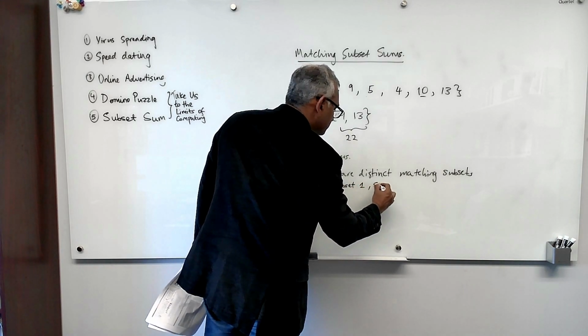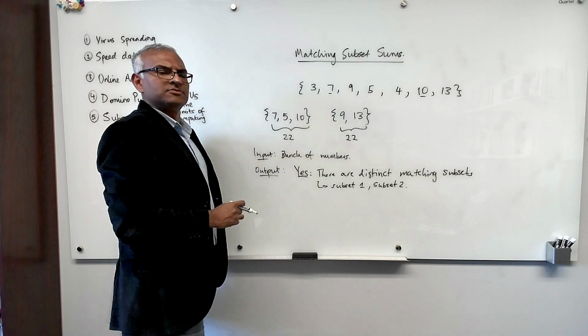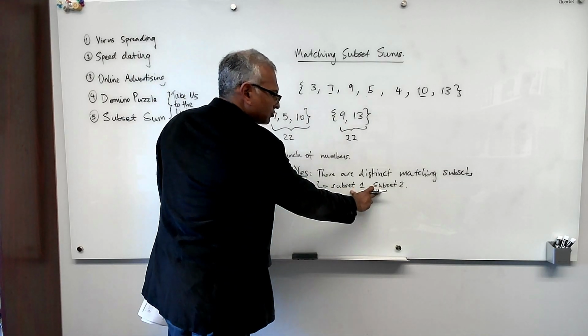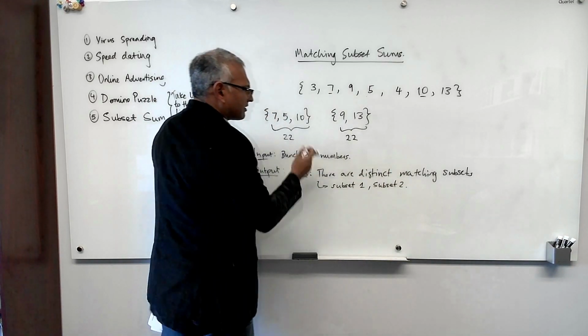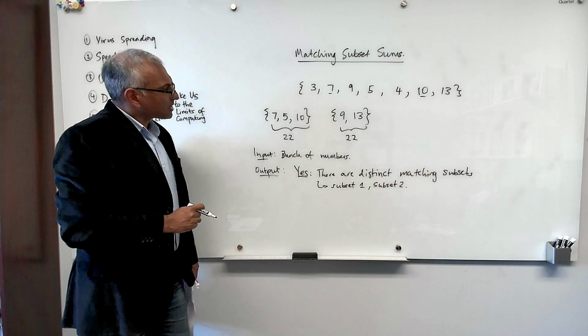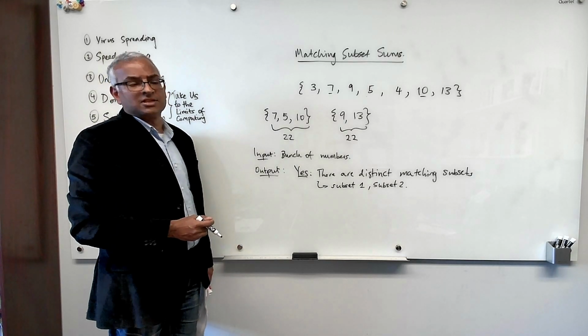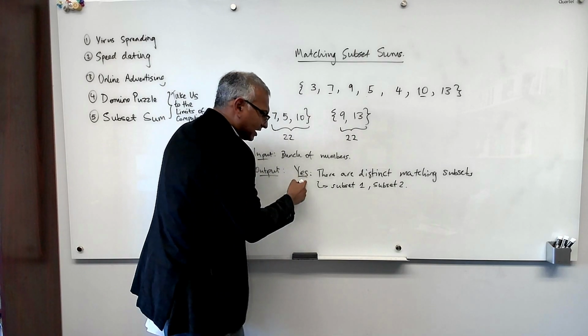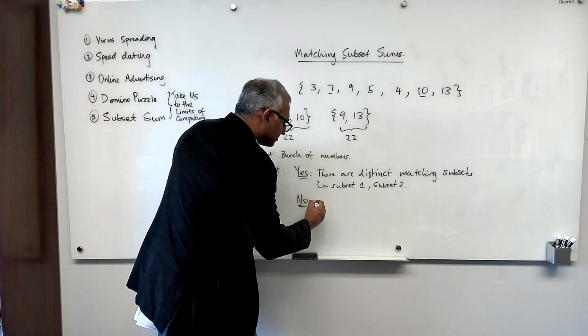So you can present the two subsets, which demonstrates that there are distinct matching subsets. But it's also possible that there are no pairs of matching subsets. So the output should either be yes together with two subsets, or no, not possible.